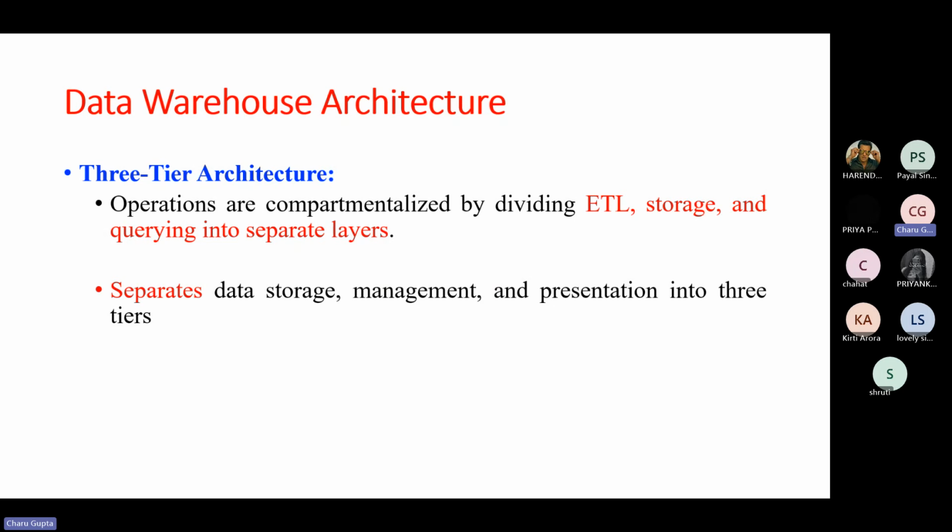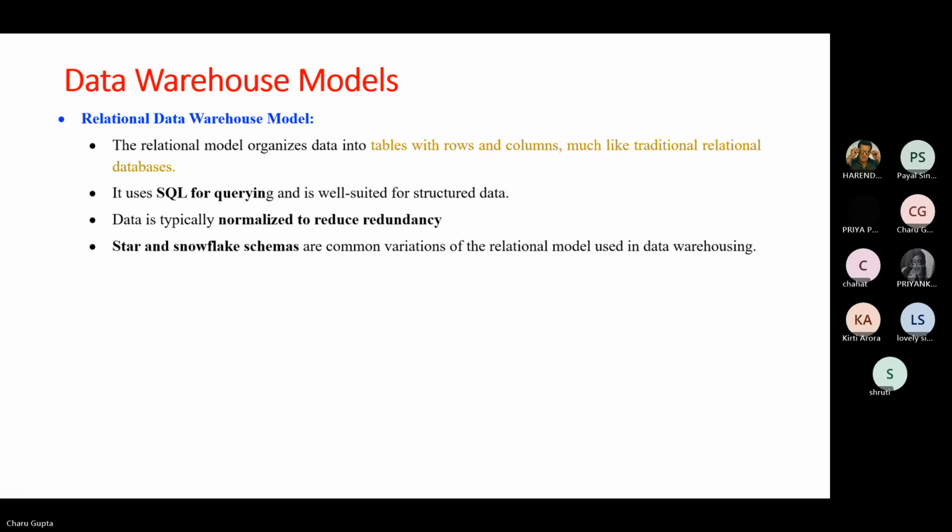And the third, which is being used heavily, is the three-tier architecture, where all three things are separated into three different servers or layers. ETL, storage, and querying, these three things are done in three different layers or servers. This helps data storage, data management, and data presentation into different tiers.